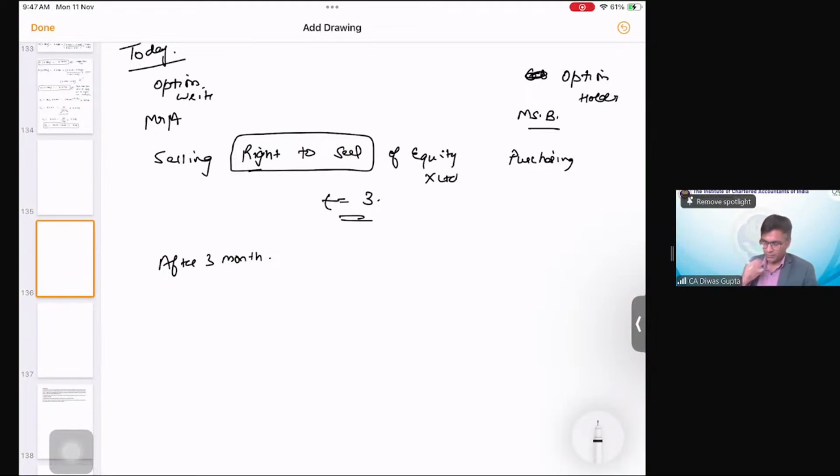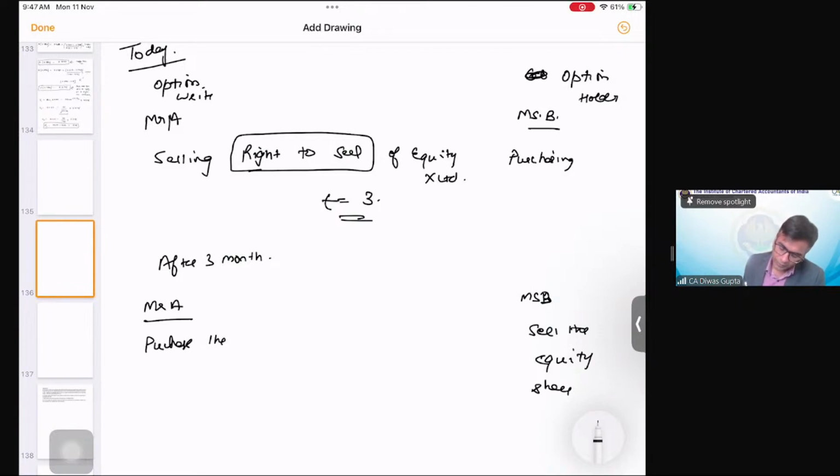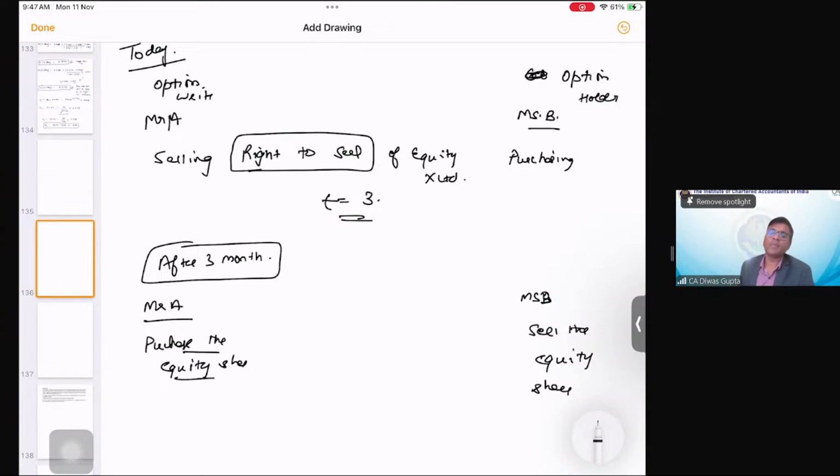So after 3 months, if the option gets executed, Miss B will sell the equity share under this option, and Mr. A will purchase the equity share. This is the position after 3 months. They have to purchase and sell after 3 months if the option gets executed.